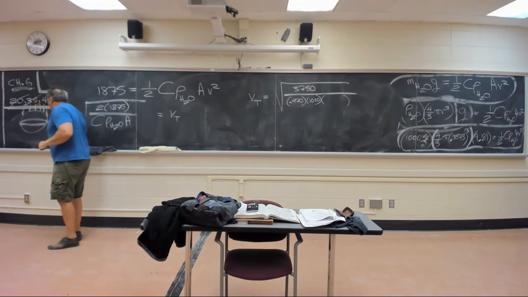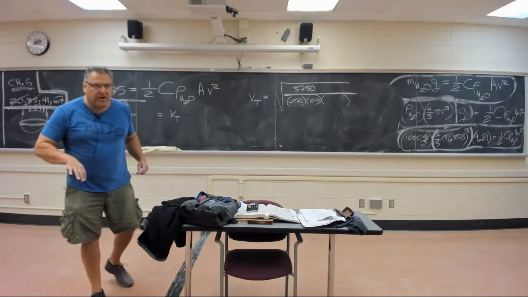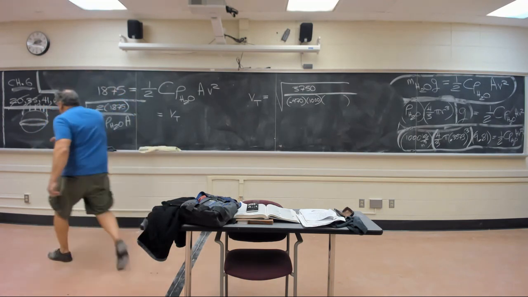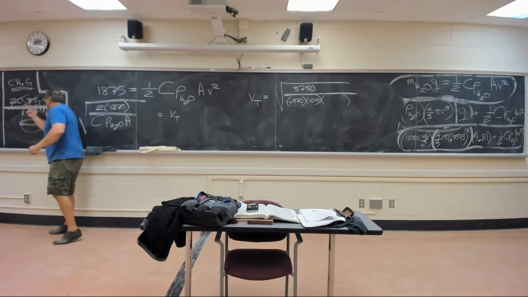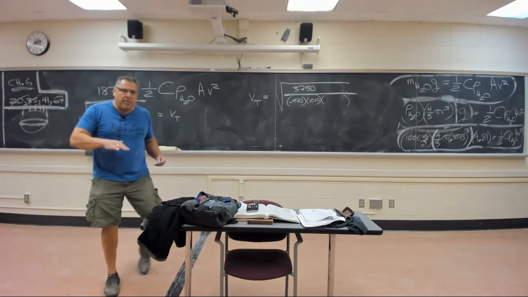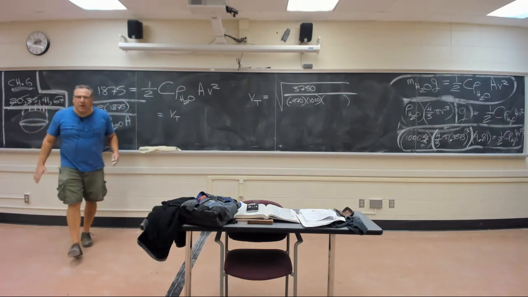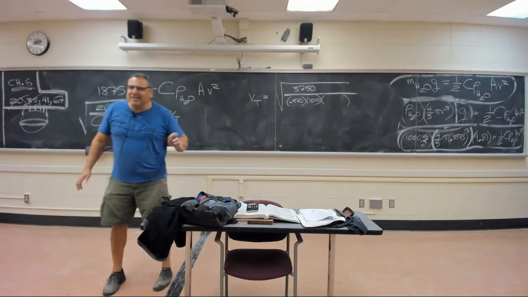The area of a sphere is 4 pi r squared. The area of half a sphere, because I'm only getting hit by half a sphere, is 2 pi r squared. Yeah, true, but that's not what they're talking about.